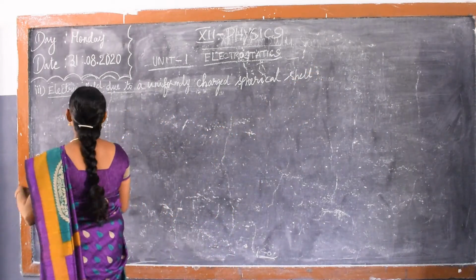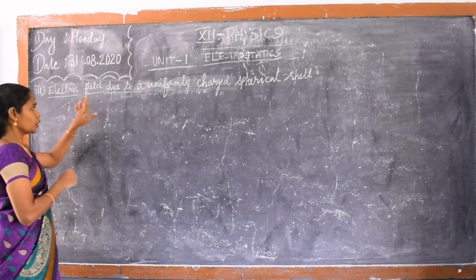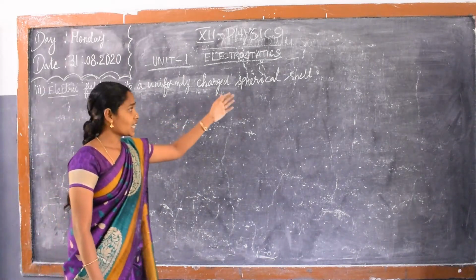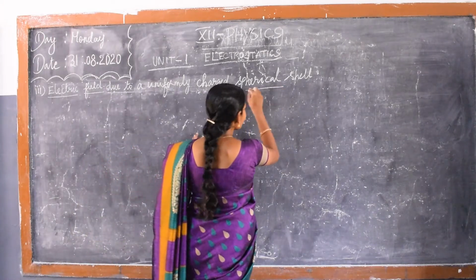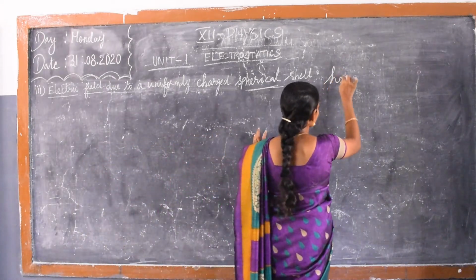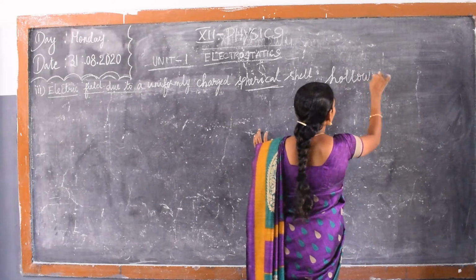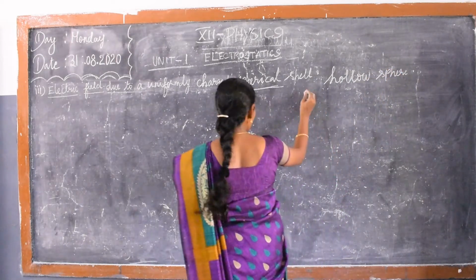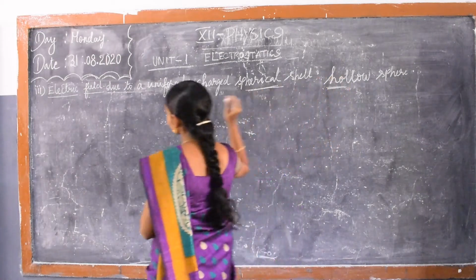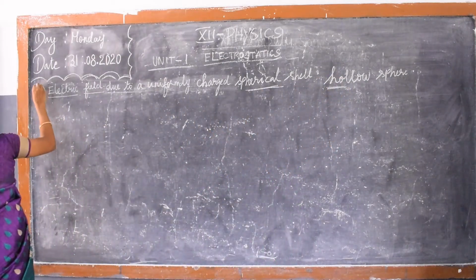Okay, we will derive the formula for the electric field due to a uniformly charged spherical shell. A spherical shell, or you can say a hollow sphere. Hollow means empty. This is the fourth application.